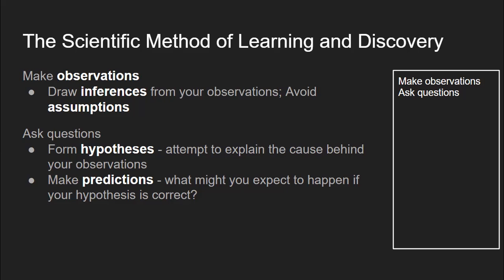And in your questions, you're going to have both hypotheses and predictions. Hypotheses are what we call a causal statement. It is a statement where you are saying this is the cause for what I am observing or what I am predicting. Your prediction is then something that you think will happen if your hypothesis is correct.